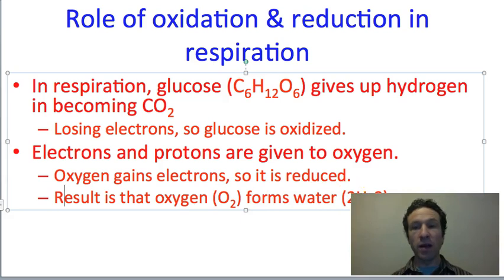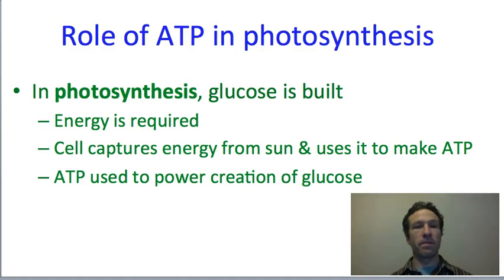The result of that is that it will be able to form H2O, or new water molecules. Since there are two oxygen here, I'm noting that that would give us two water molecules for each molecular oxygen. We've then talked about the role of oxidation and reduction in both photosynthesis and respiration.